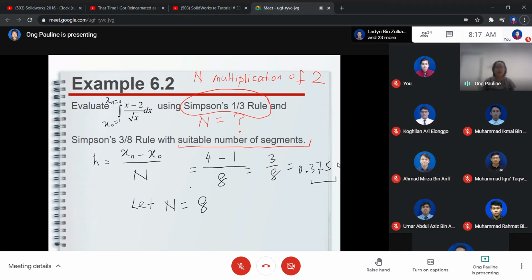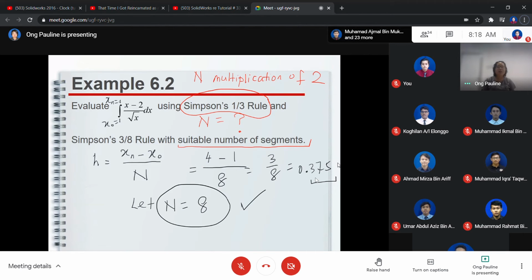So, although N sama dengan 8 is a correct choice for Simpson's 1/3 because it is gandaan 2, tetapi apabila you masukkan di sini, you nampak yang ini 0.375, akan menyebabkan pengiraan kita kemudian tu lebih senang kita akan melakukan kesilapan.